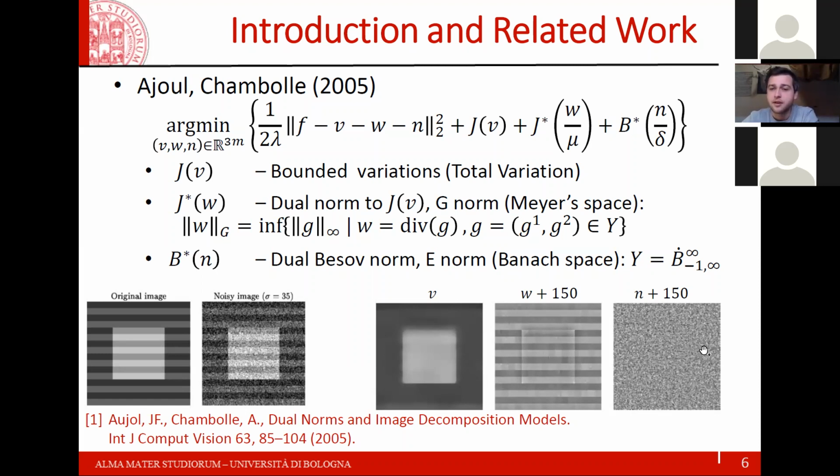And here are the three resulting components. For them, the structure is the square in the center. The texture is represented by the horizontal stripes, and this is the noise component.